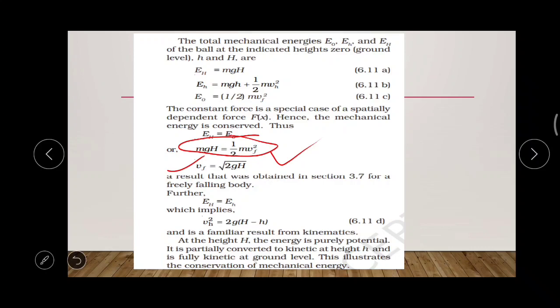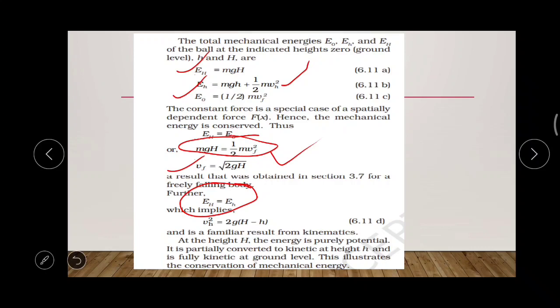In the same way, if you are considering a height of small h, the energy EH will be equal to E0, since the force acting is conservative, hence the mechanical energy throughout the points will be equal to a constant.